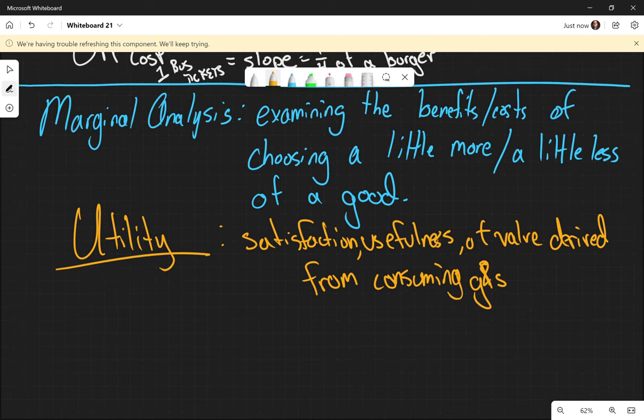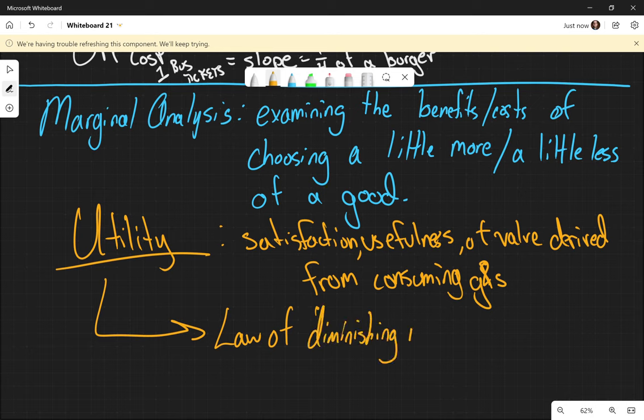And when we're talking about utility, there's an important law that we have, which is called the law of diminishing marginal utility.